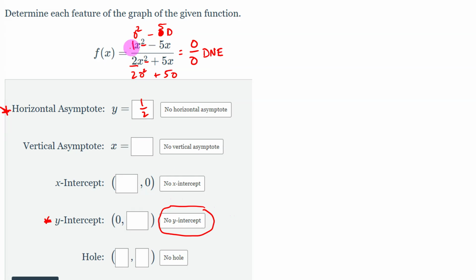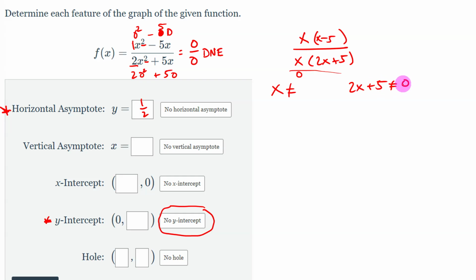All right, so now we want to simplify everything. On the top, I can factor out an x and get x minus 5. On the bottom, I can factor out an x and get 2x plus 5. So x can't be 0 in our denominator, and 2x plus 5 can't be 0, so x can't be negative 5 over 2.